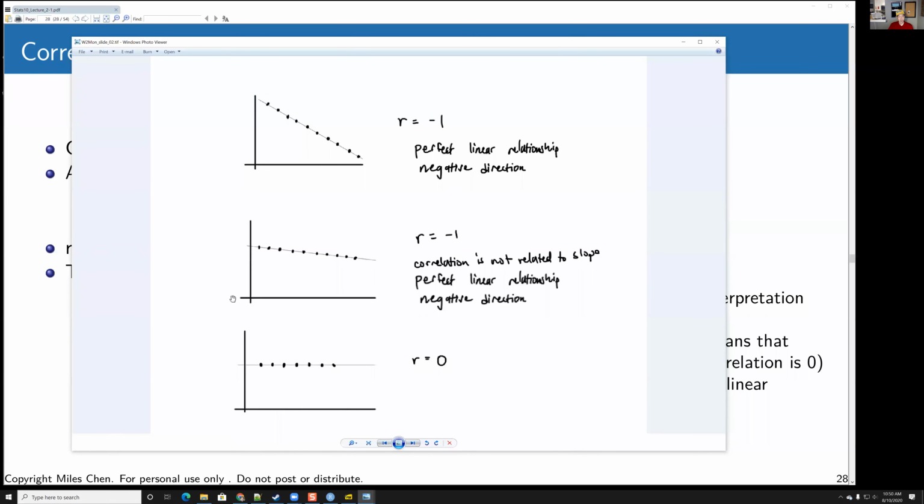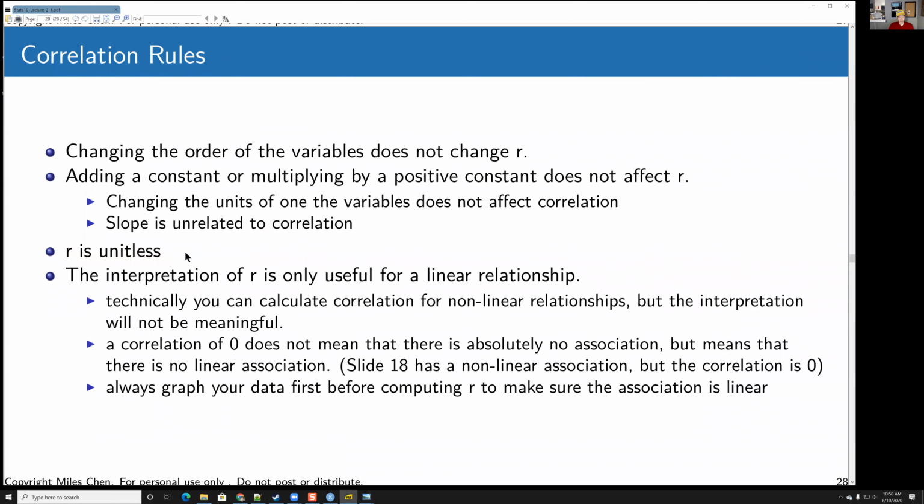Another thing is that correlation itself is unitless, okay? So your X values and your Y values might have units. You might measure height in inches or centimeters, and weight in pounds or kilograms. The individual X and Y values might have units, but the correlation itself is unitless.